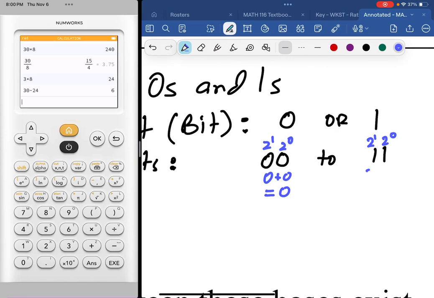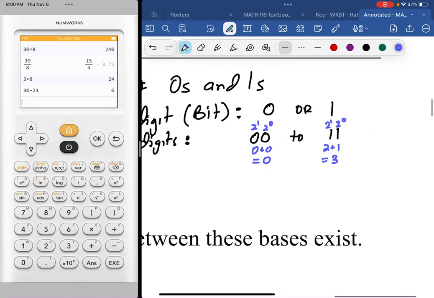So 2 times 1 is 2. Plus 1 would give me a 3. So going from 0, 0 to 1, 1 in binary form would be the same as going from 0 to 3 in decimal form. All right. So 0 to 3, that's 4 digits.